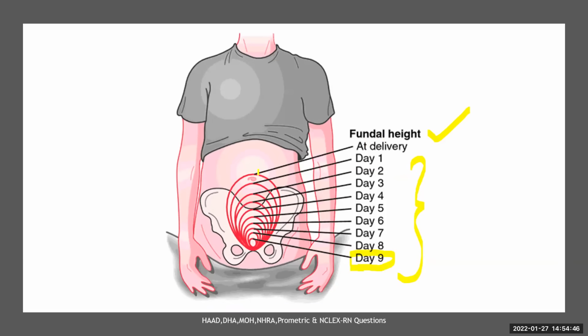Immediately at delivery, the fundus of the uterus will be at the umbilicus. At the time of delivery, it will be slightly above the umbilicus, and day 1, it will just come down to the umbilicus, and day by day, it will reduce by 1 finger breadth or 1 to 2 centimeters. By the 9th day, the fundus won't be palpated on the abdomen.